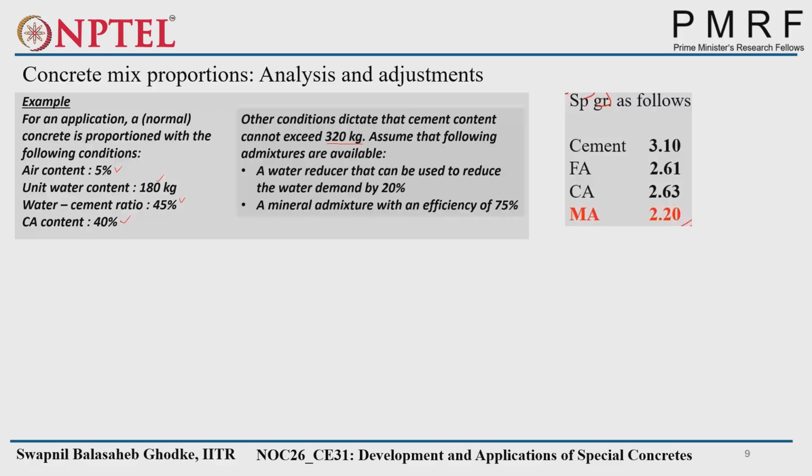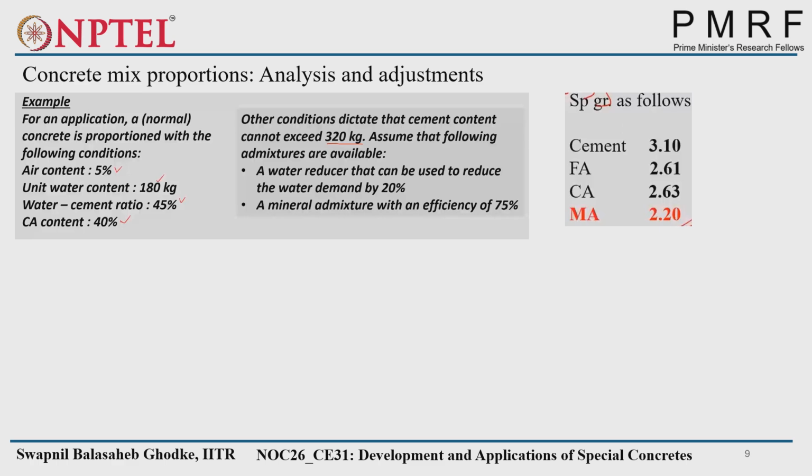Coarse aggregate 400 multiplied by 2.63, right? 1052.